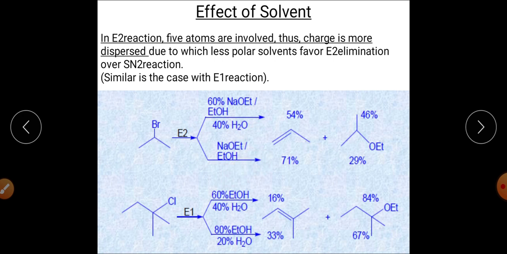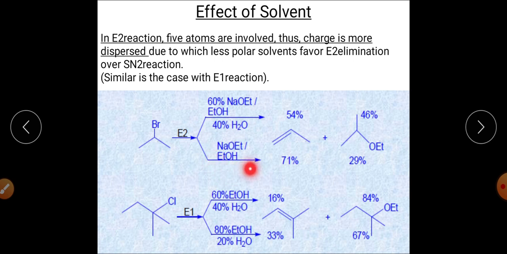When we talk about the polarity, the chance of elimination is 54% and 46% is substitution, because the polarity in this case is more polar as compared to this one, and because of more polarity the elimination ratio is decreased as compared to the substitution ratio.